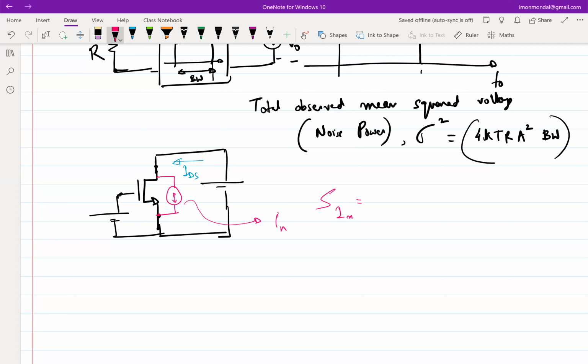This is called IN, and the power spectral density of this IN is 4kT gamma times GM. Essentially it is 4kT gamma times GD naught, where GD naught is equal to GM in saturation.